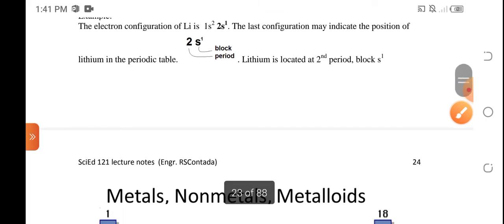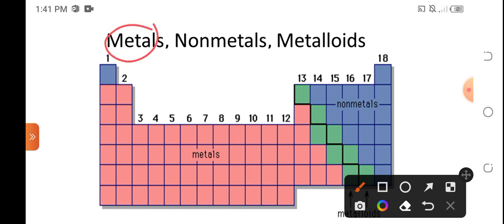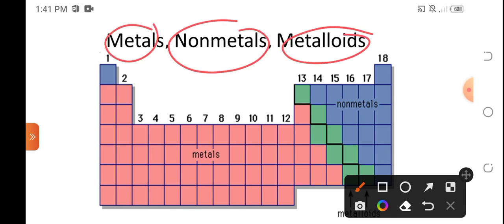Okay? Now, we also have classification of elements based on their position in the periodic table. We have metals, non-metals, and metalloids. Our reference here is the stair-like division, the one that looks like a staircase. The ones on the left of the stair-like division are all metals except for hydrogen.